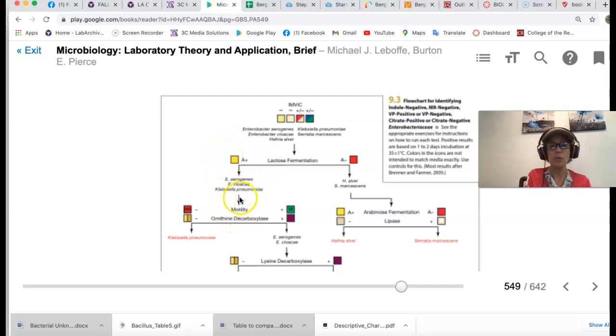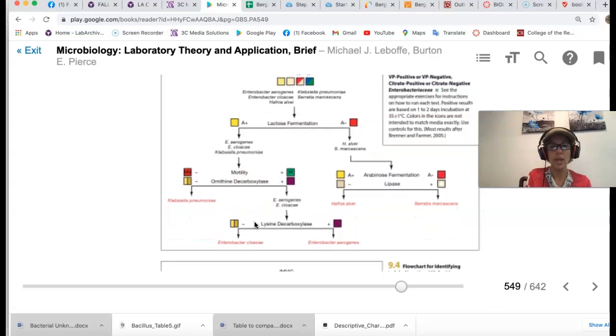Then you would check your motility and ornithine decarboxylase. And if you were negative for both of those, then your possibility is Klebsiella pneumoniae. If you're positive for both of those, then you have to go to the lysine decarboxylase, and you should end up here at Enterobacter aerogenes because Enterobacter cloacae is not on our list.